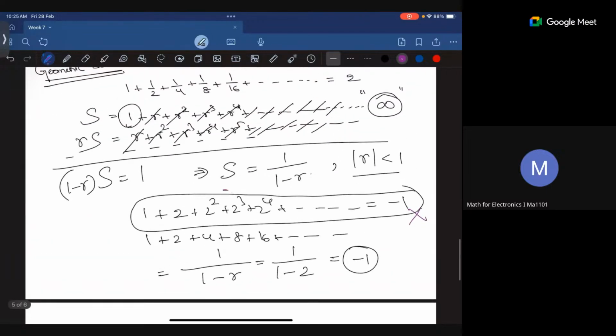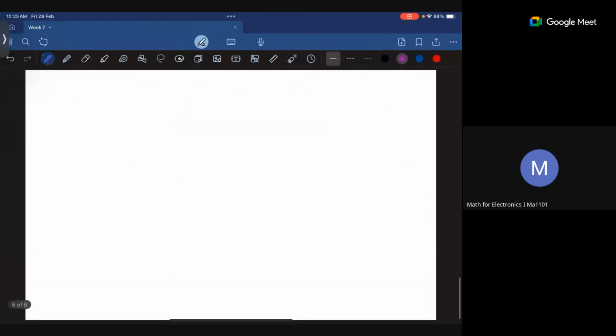So geometric series will converge, and that will be equal to 1 by 1 minus r only if the geometric ratio is less than 1 and greater than minus 1. So the modulus, the absolute value of r, should be less than 1. Okay.